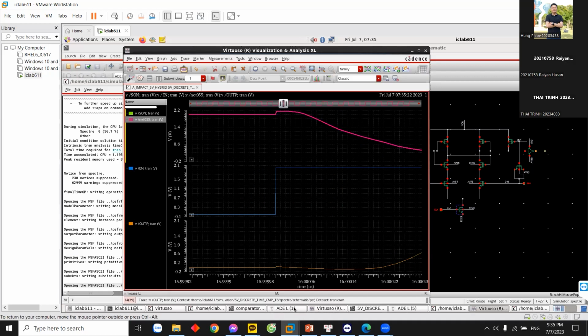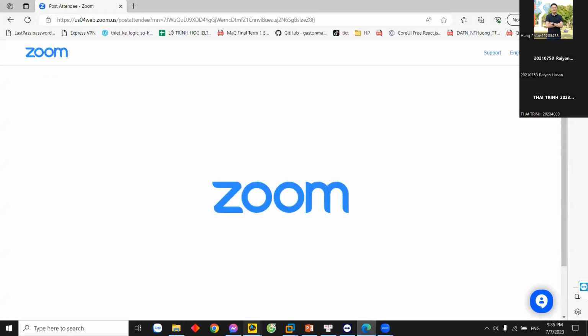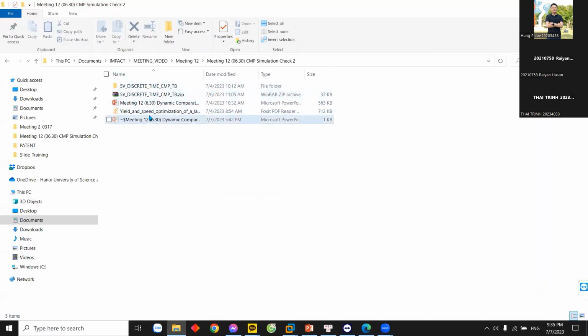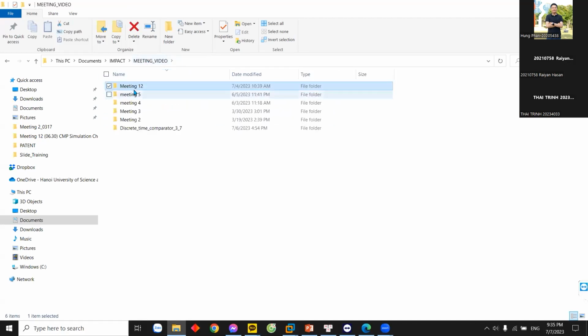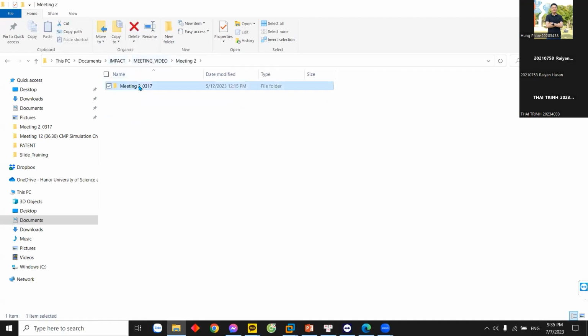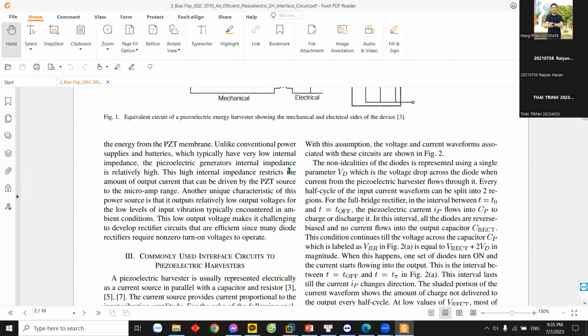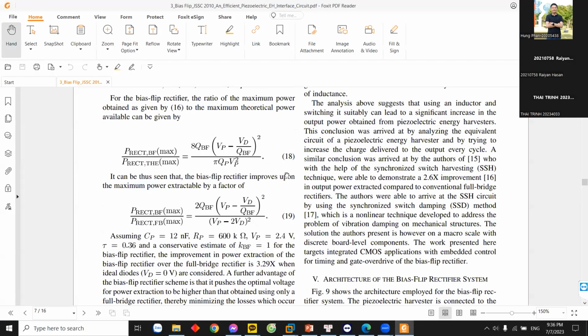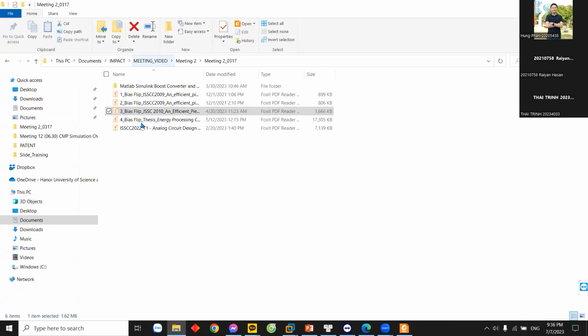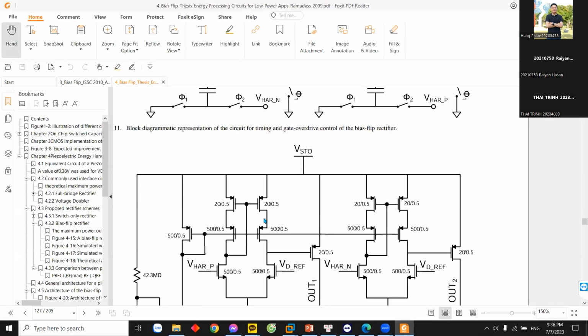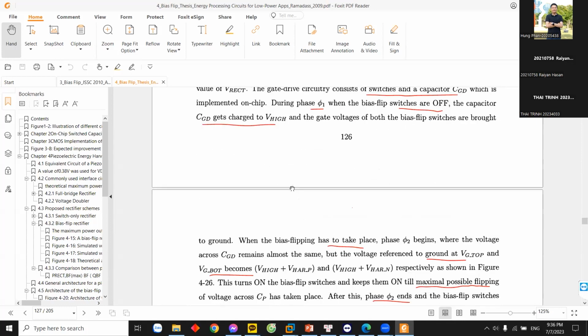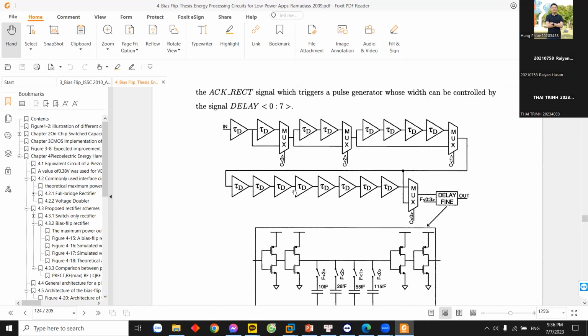So in the paper, where is the paper? Okay, let me check.